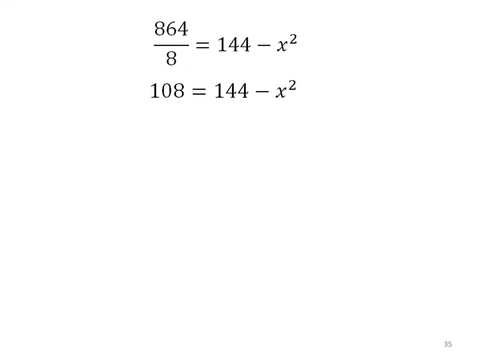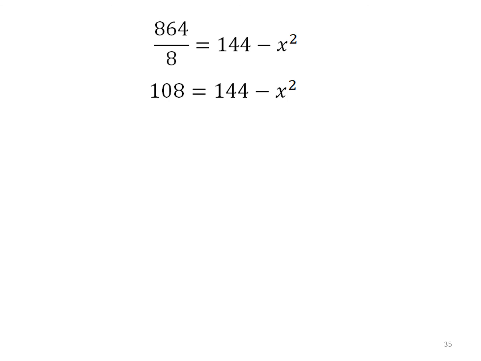So I get 864. When I move the denominator to the left hand side, the right hand side term I take to the denominator of my left hand side. So I get 864 upon 8 is equal to 12 square, which is 144, minus x square.